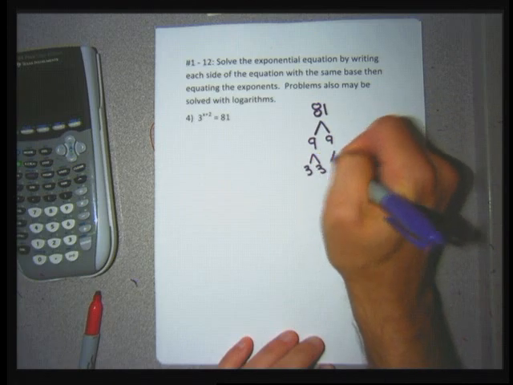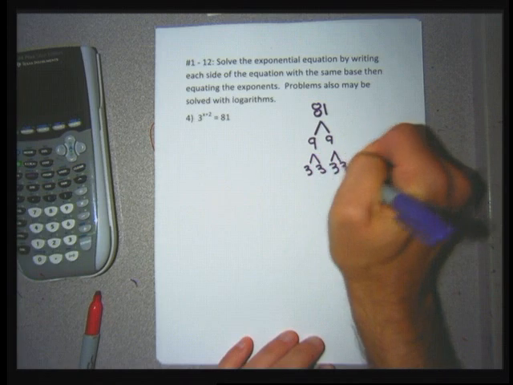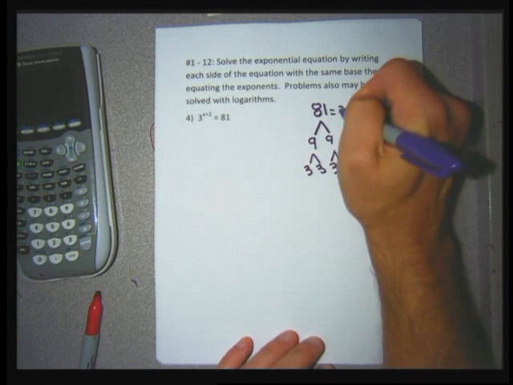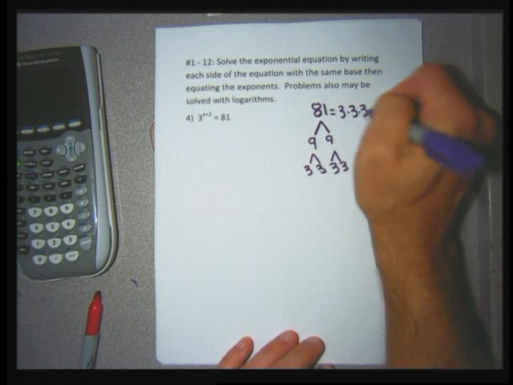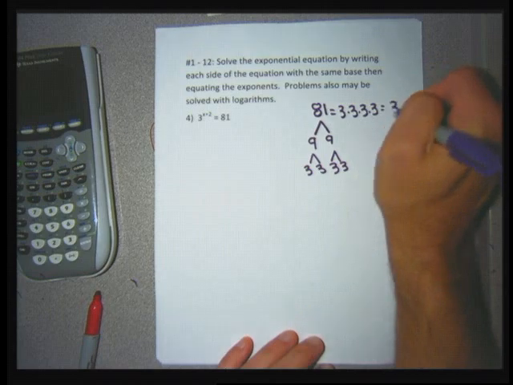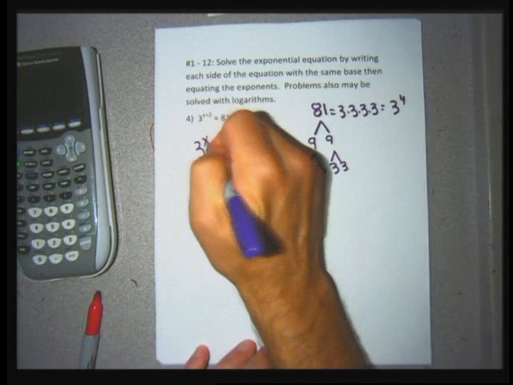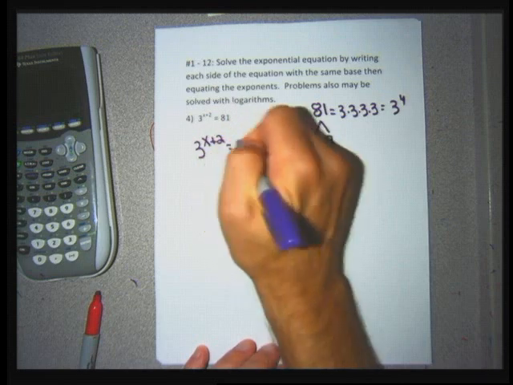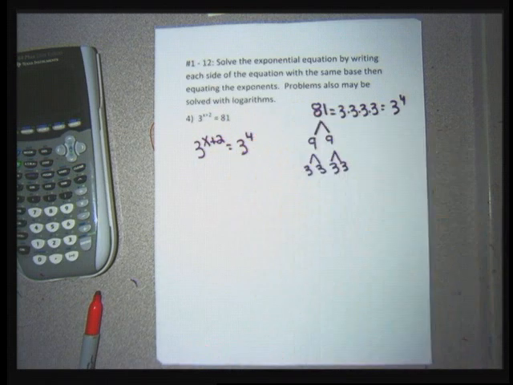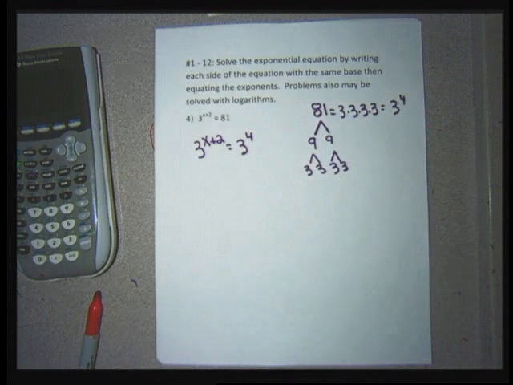Because it's not terribly hard to write 81 as 3 to some power, the easiest way to solve this problem is to rewrite the 81 as 3 to the 4th power, drop the bases, and equate the exponents. If I couldn't write 81 as 3 to some power, then I'd have to use logarithms to solve this.